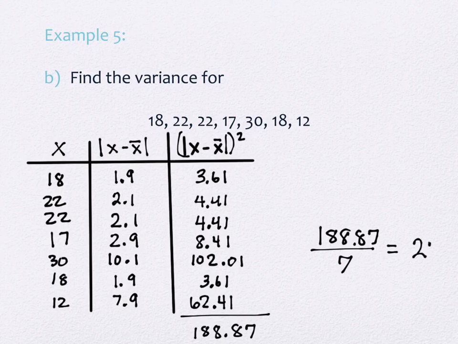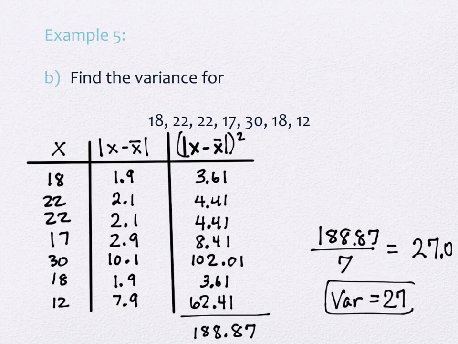So this is actually 27 if I have to round up to just one decimal place, or 27.0 if you prefer. And that would be my variance. Now, variance doesn't really bear a lot of context for us, but the next step, which is to find standard deviation, does. Okay, so this is my variance. My variance is 27. So variance, I'm just going to write var equals 27.